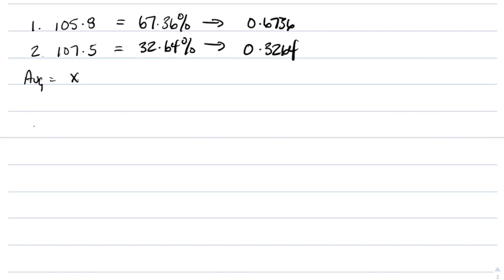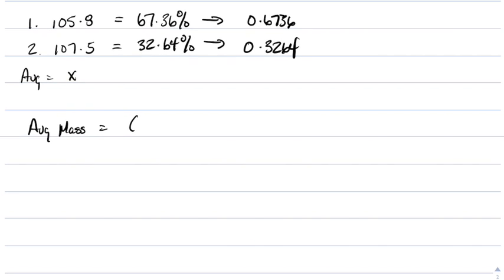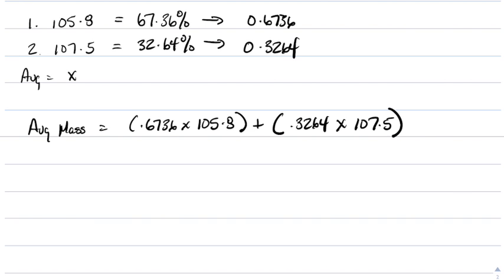And so what we're going to do is the average mass is always the percentage or the decimal times the first mass. So we're going to use the decimal for the first one, 0.6736 times the weight 105.8 plus the decimal value times, in this case, the weight of the other isotope.